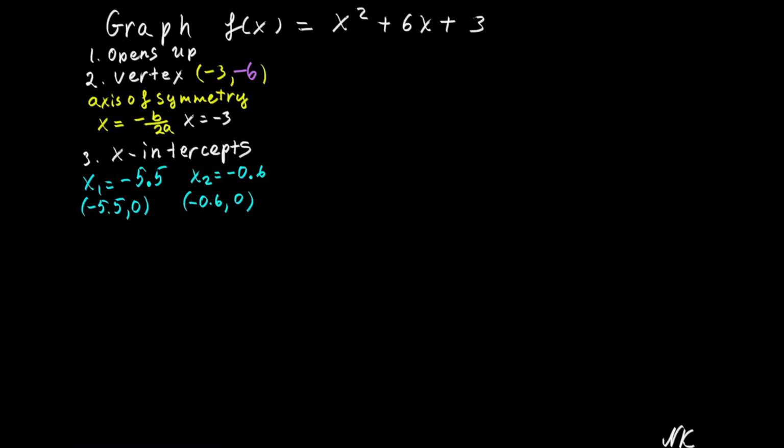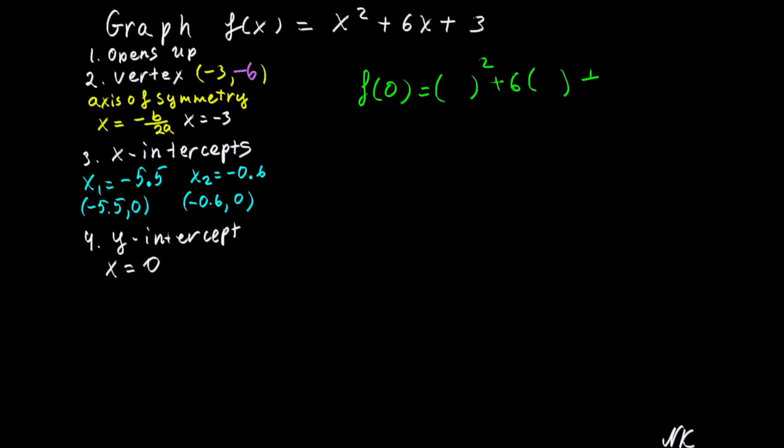The next thing we need to calculate is the y-intercept. The y-intercept happens when x is equal to 0. So we need to calculate f of 0 by plugging it into the original equation of x squared plus 6x plus 3.